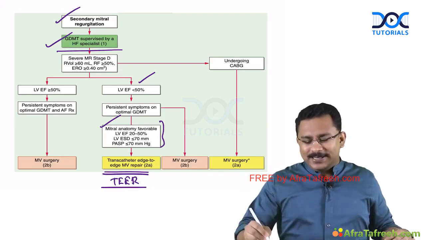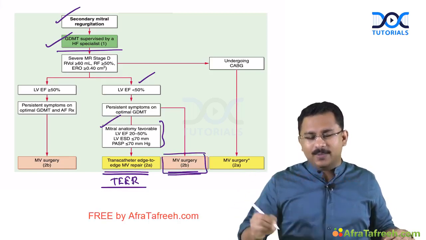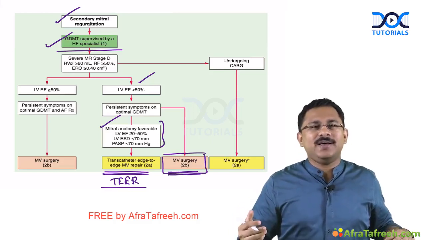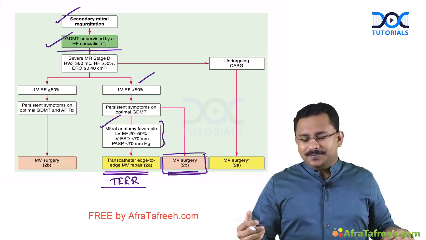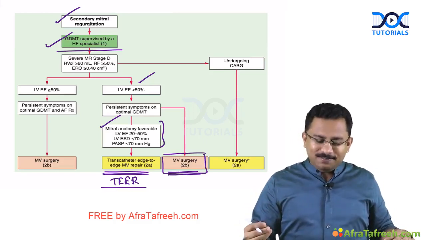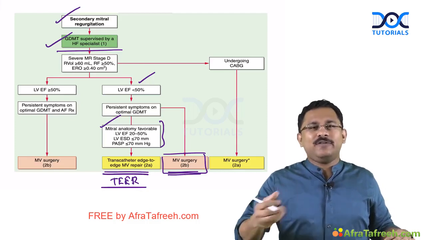In these patients you can also go for mitral valve surgery, with a class of recommendation of 2B. And suppose you have patients with left ventricular ejection fraction more than or equal to 50%.